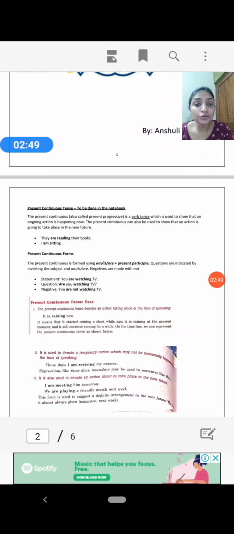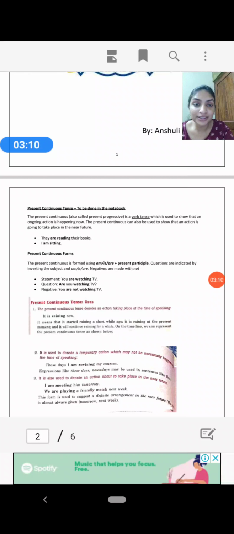To form a question, you have to invert the subject and am, is, are. To form a negative sentence, you need to add not to it.